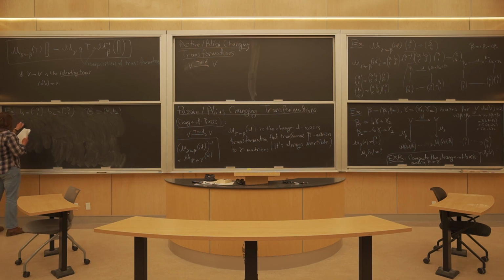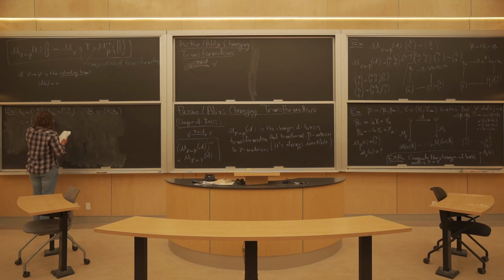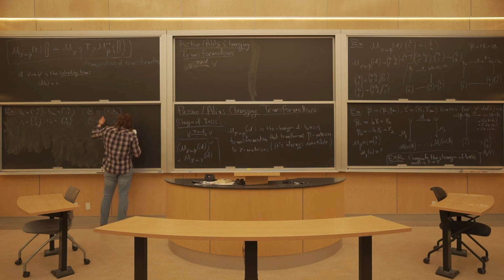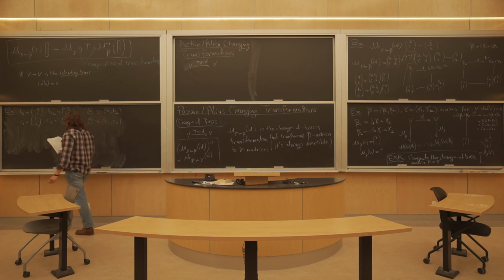Okay, C1 is 1, -4, and C2 is 3, -5. And again, let me use curly C as an abbreviation for C1 and C2.